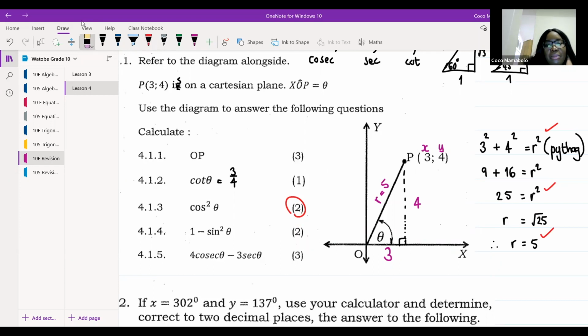Okay, who can remind me? Tell me in the chat, what is the cos of theta? Look at the drawing that we have. Cos is equal to... anybody? Somebody? Okay, I'm not sure about the 12.